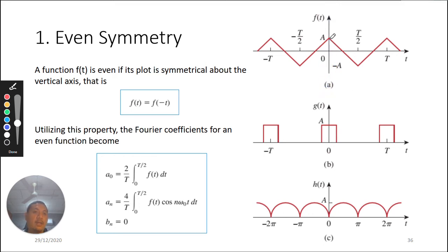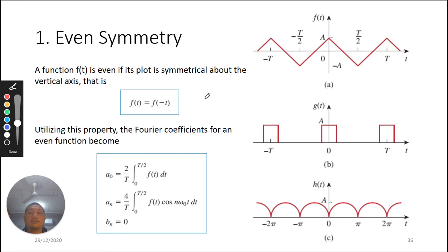If this side is similar to this side about the y-axis, then it is called even symmetry. So what can we use if it is an even symmetrical signal?